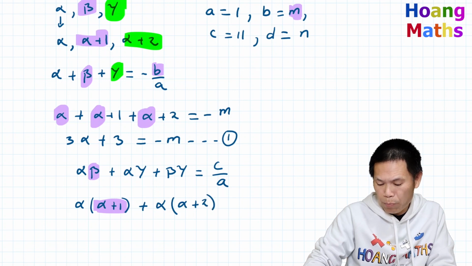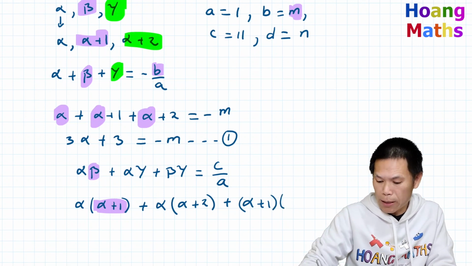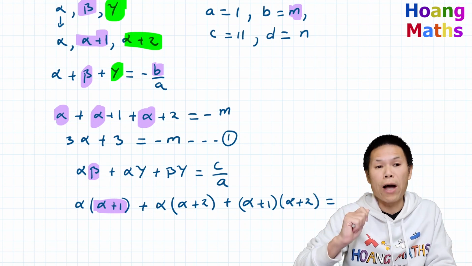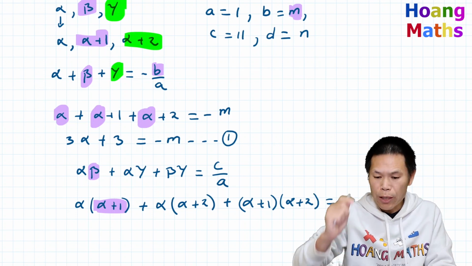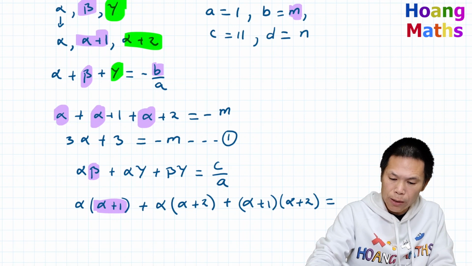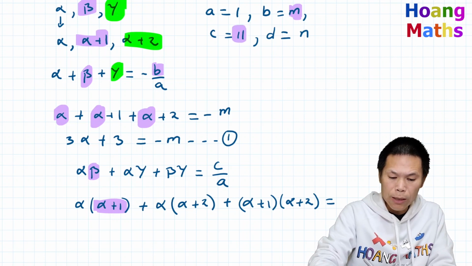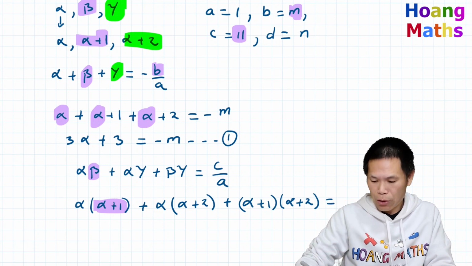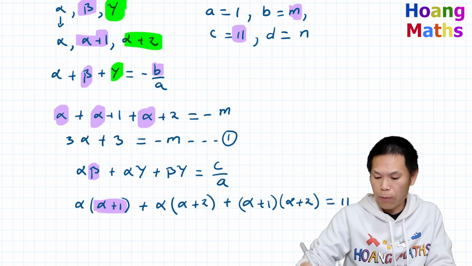And then we have plus beta, that is alpha plus 1, times gamma, which is alpha plus 2. And that is equal to c over a. And we know that a is 1 and c is 11, so that means 11 over 1, which is 11. So keep that in mind.